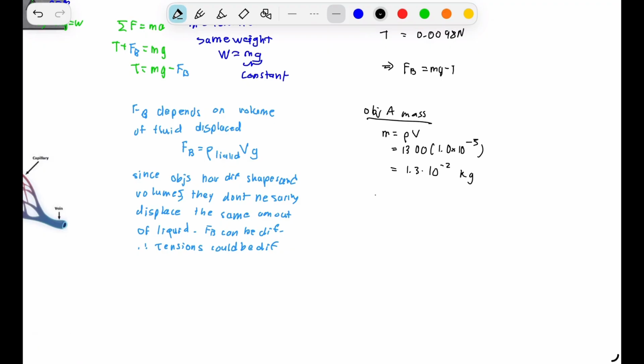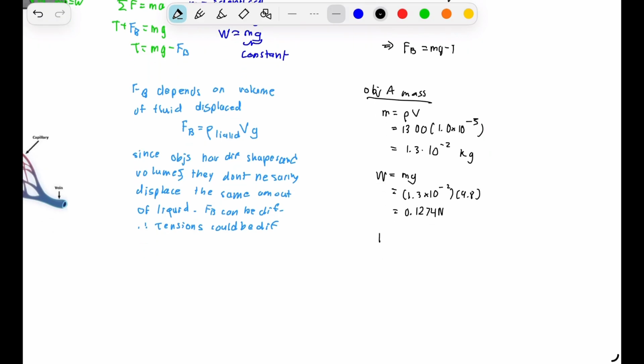Now we can find the weight. Weight is equal to the mass times gravity. Our mass is 1.3 times 10 to the power of -2, and we multiply that by 9.8, and that's going to give us 0.1274 newtons.